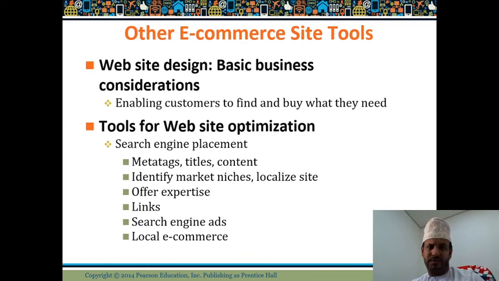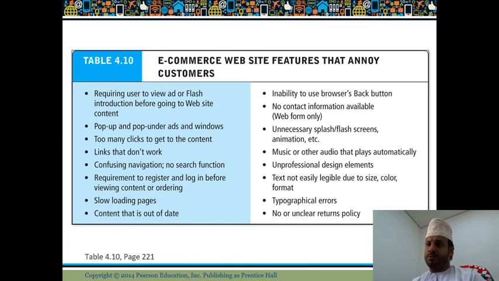When Google searches for a web page, it searches for these tags to find out the content. Identifying market niches, localization of the site, offering expertise, links, search engine advertisements, local e-commerce. All these things should be tools to optimize a website.